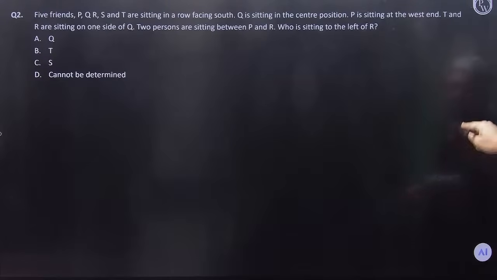Will you try this one, guys? All right, Archana says B. How about others? Lekha says Q. Okay.